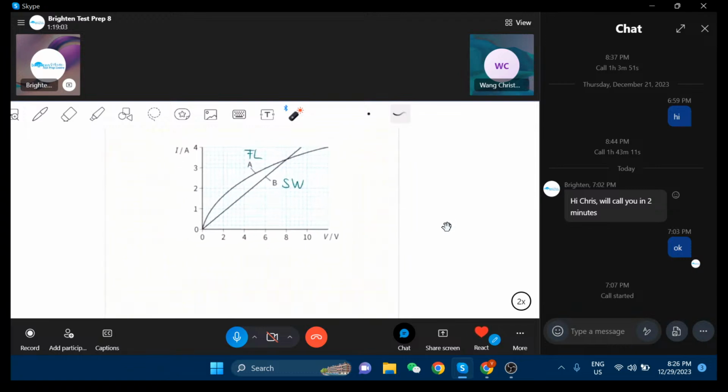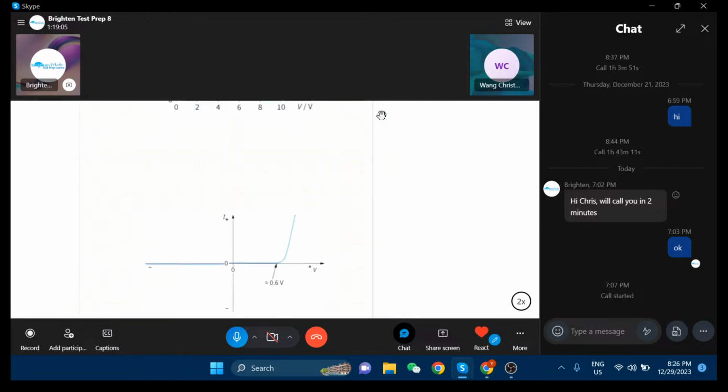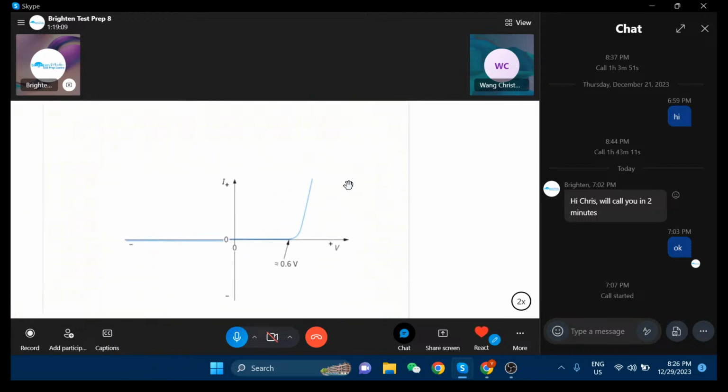The last one I would like to deal with today is this one. And would you know what that could be? Diode. Diode, yeah, very good, exactly. And what is so typical about that one?